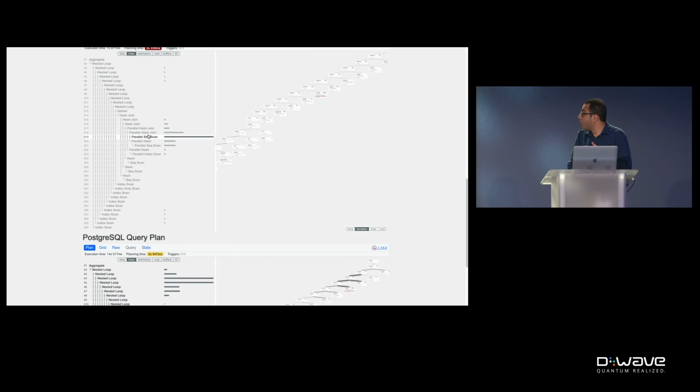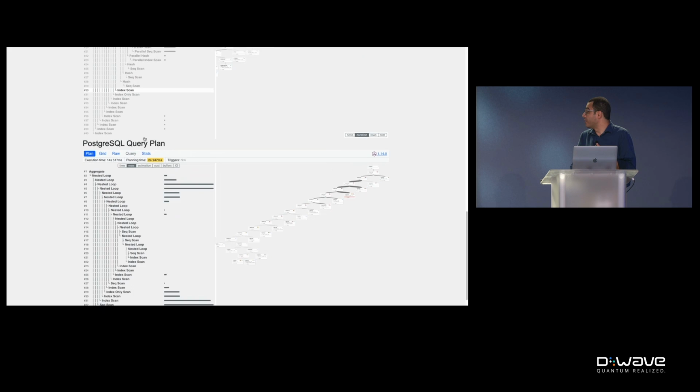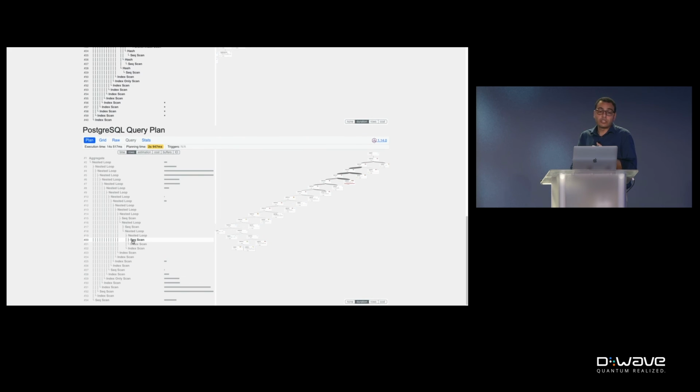The most time-consuming relations that we are trying to join are picked up with parallel operations by the quantum approach, which is something that we didn't see with the classical approach. We see here they only focus on sequential scan, so they didn't get to the parallel part.